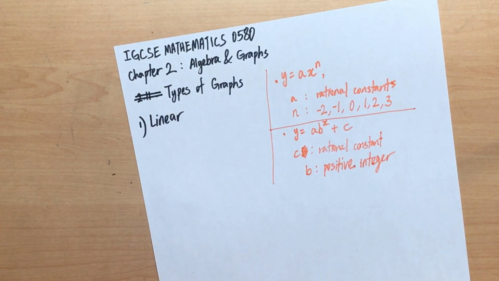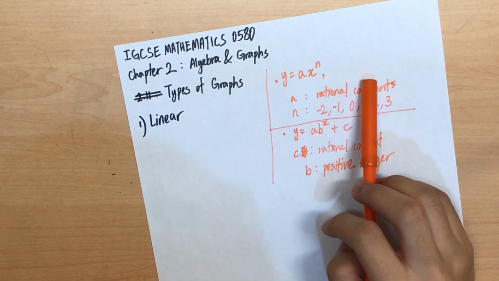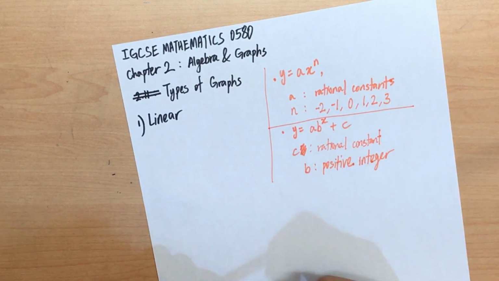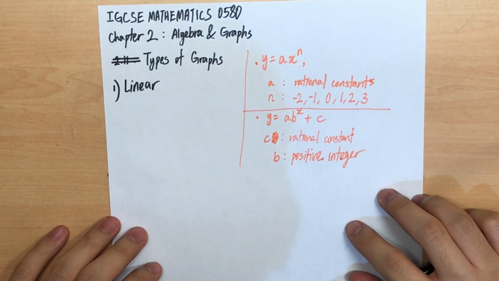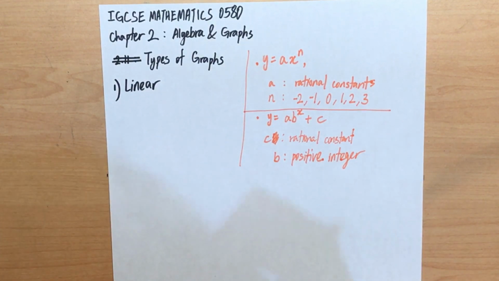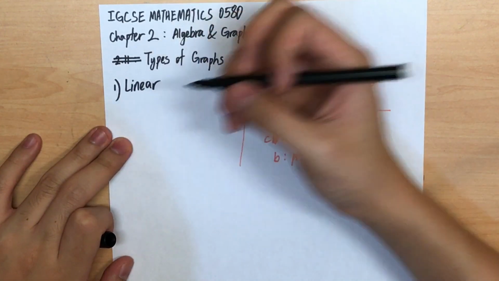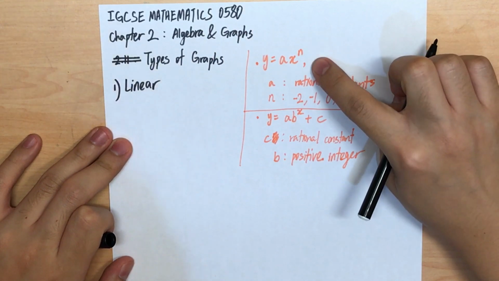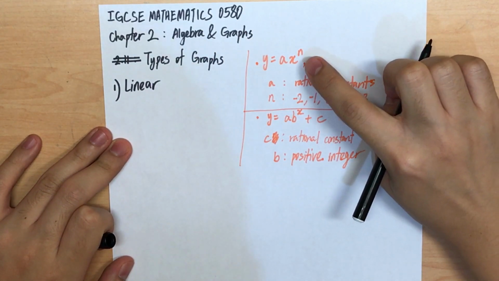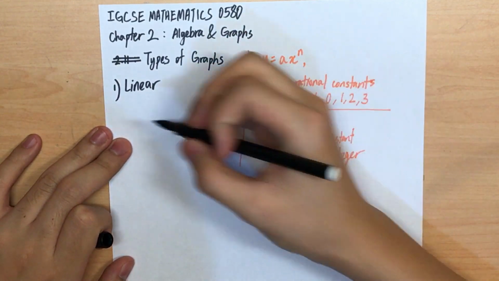The first type of graph we'll cover with this equation is the linear graph.